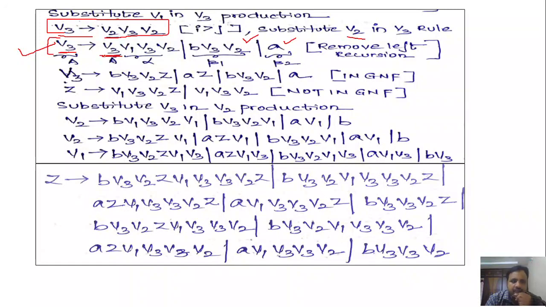So already I have explained how to remove the left recursion, right? While removing the left recursion, the LHS of the production you have to consider as A. So see here, I have considered it as capital A denotes.